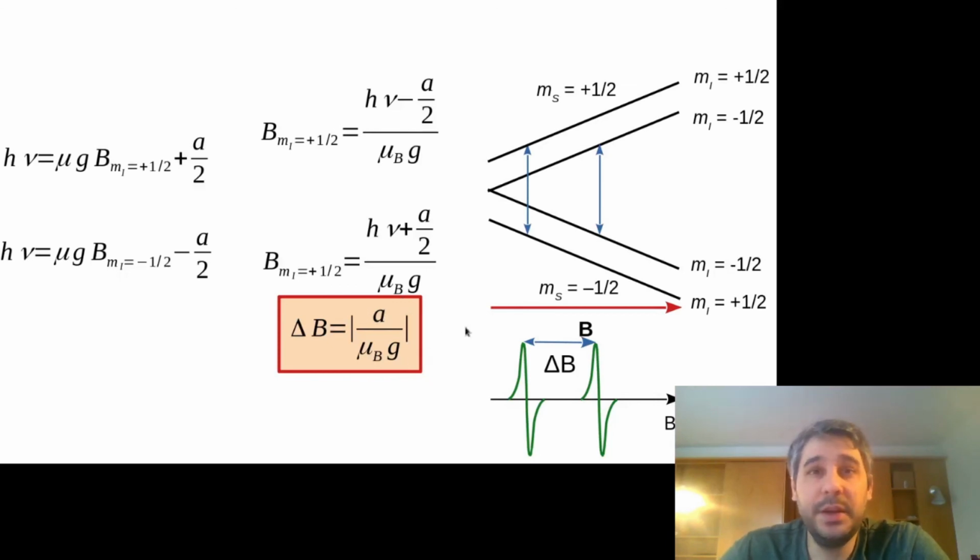So for a g value of 2, which is common for many organic radicals, we should multiply the separation in millitesla by roughly a factor of 30. So a hyperfine splitting of 5 millitesla in a spectrum would roughly be 150 megahertz. So this is all for this video.